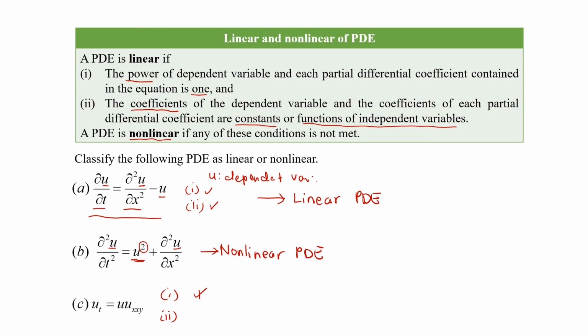If you notice here, the coefficient of uxxy, the partial differential coefficient, is not a constant, but depends on the variables. So the second condition is not met. Therefore, this PDE is non-linear.